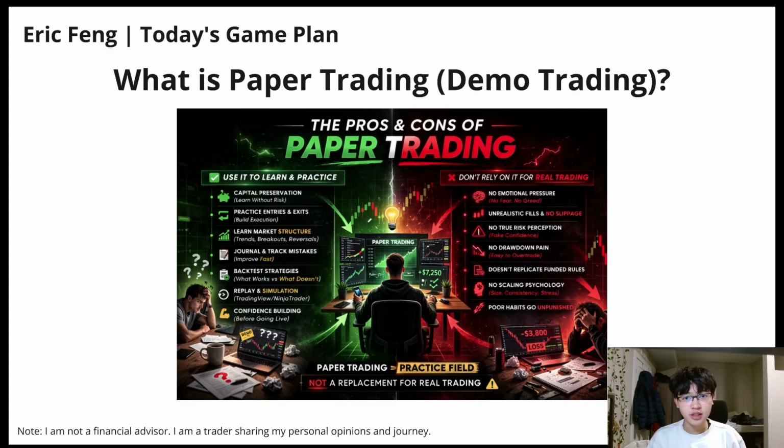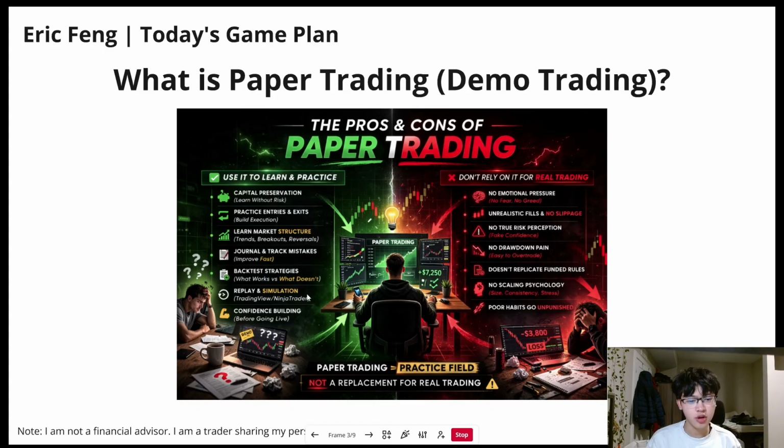You can also backtest as well, which you'll learn in a later video. Essentially, we'll look at old market data. For example, if we want to test January of 2020 or March 2020 when COVID happened, we can go to those days right now and test the entire month or even multiple months of 2020 within an hour, because we can just play bar by bar through that, which ties into replay and simulation.